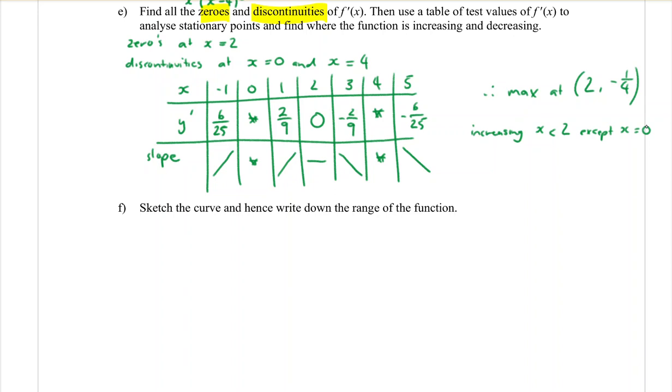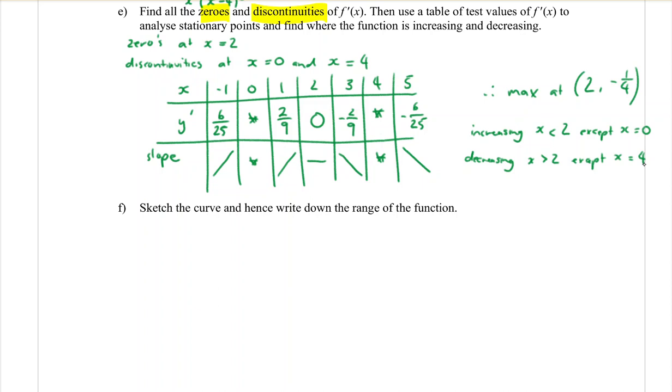Decreasing everywhere where x is greater than 2, except for the other asymptote that gets in the way, which is at x equals 4.